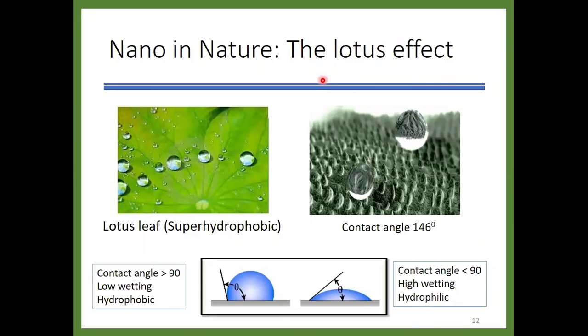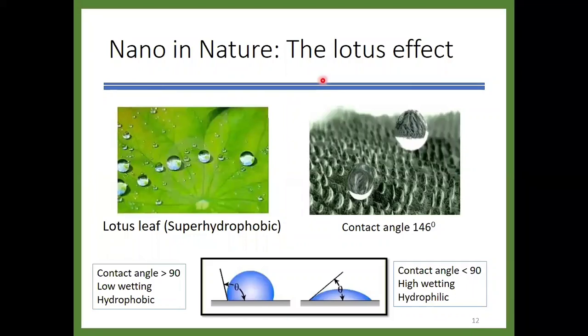Lotus leaf, if you have experience, it cannot be wetted by water, right? So if you spill some water on your table, it will wet the table, right? But the lotus leaf, as shown in the figure, if you spill some water on it, the water will stay as droplets. It will not wet the surface.